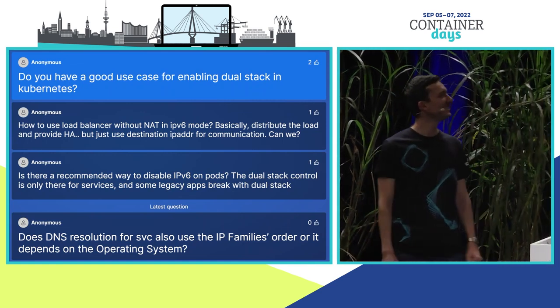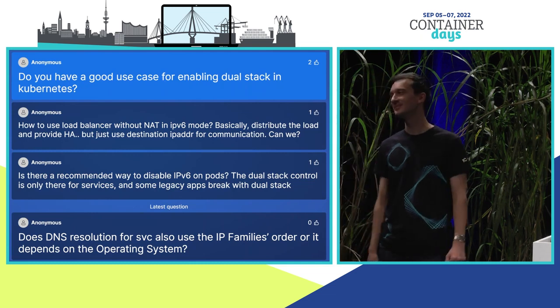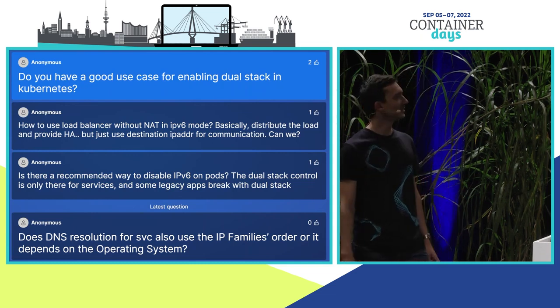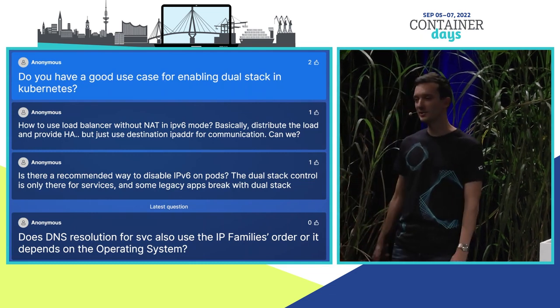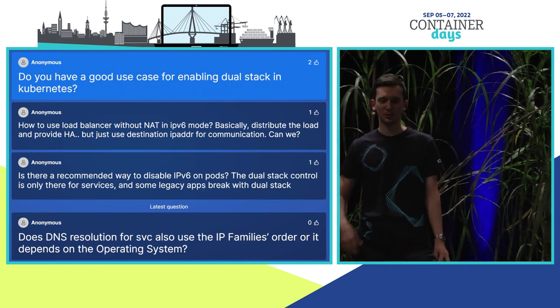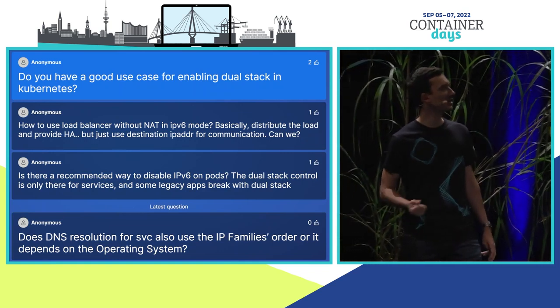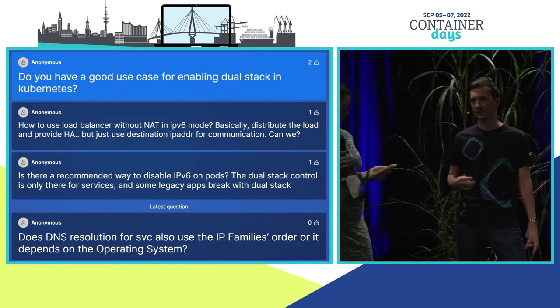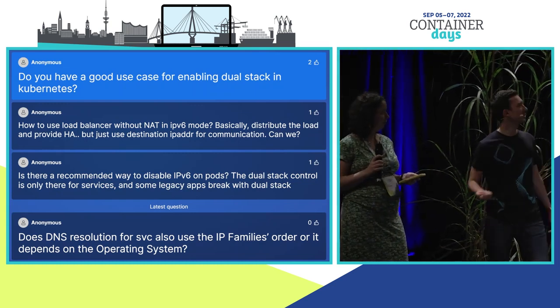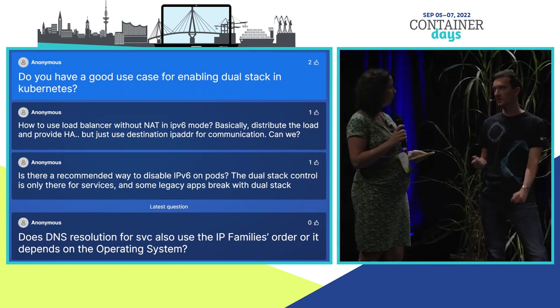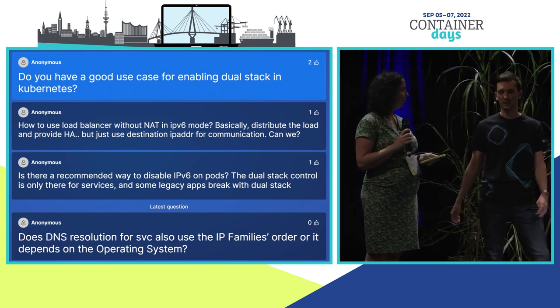So do you have a good use case for enabling dual stack in Kubernetes? Yeah. So I would say the main use case is to enable both. If you are providing some kind of service, let's say web service, by enabling dual stack, you can make it available via both IPv4 and IPv6.